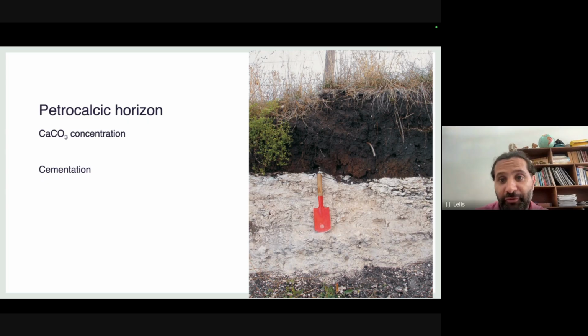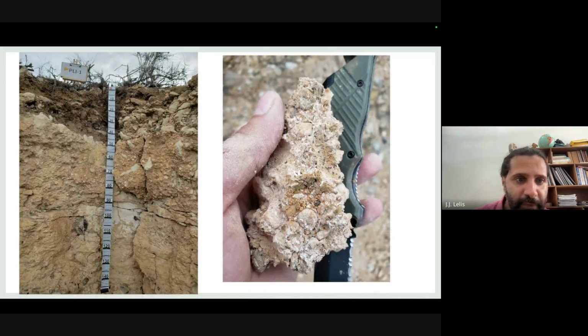Here we have a very strong cementation because of a very strong concentration of a secondary mineral, in this case carbonates, but basically calcium carbonate. This photo is amazing because you can see this horizon below 40 or 50 centimeters, completely cemented by calcium carbonate.